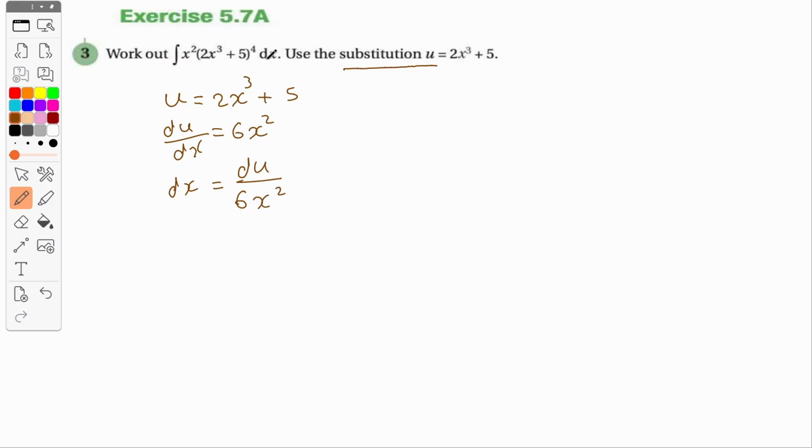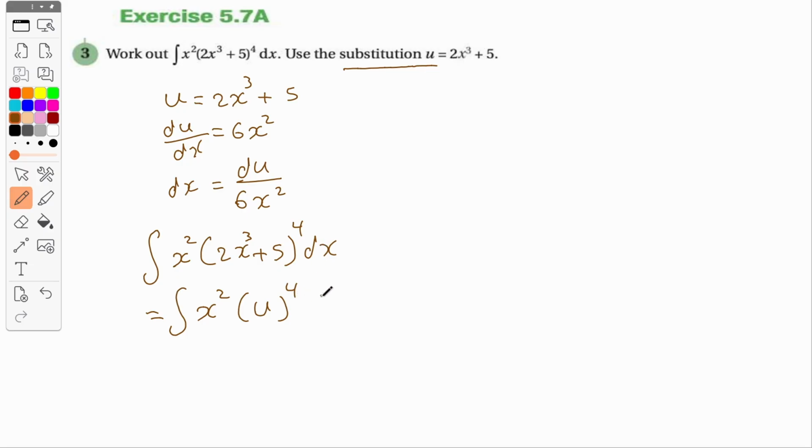Now that we have dx, we need to plug in this quantity as u and keep x squared as it is. I will tell you why. So the integral of x squared times 2x cubed plus 5 all to the power of 4 dx will be equal to, keep x squared as it is, and this quantity will be u, u to the power of 4.